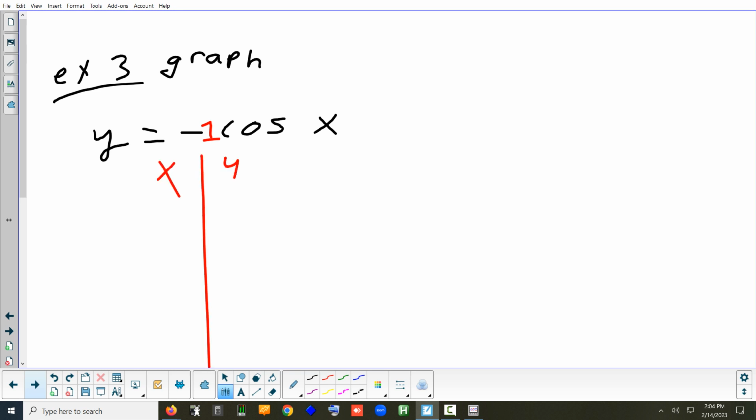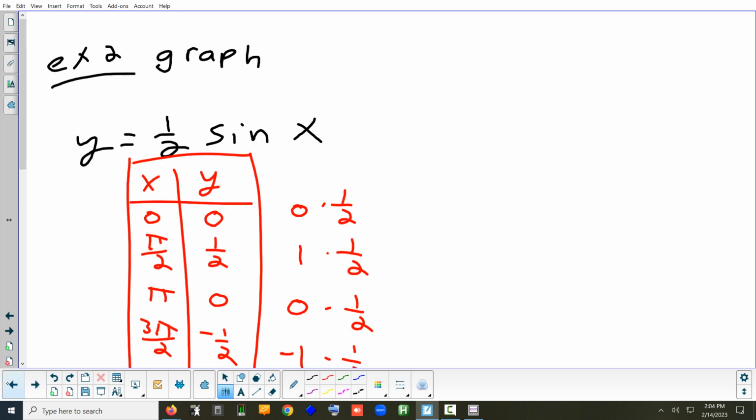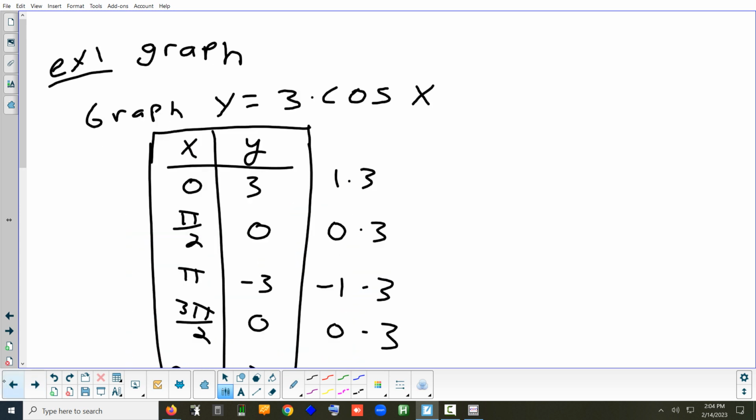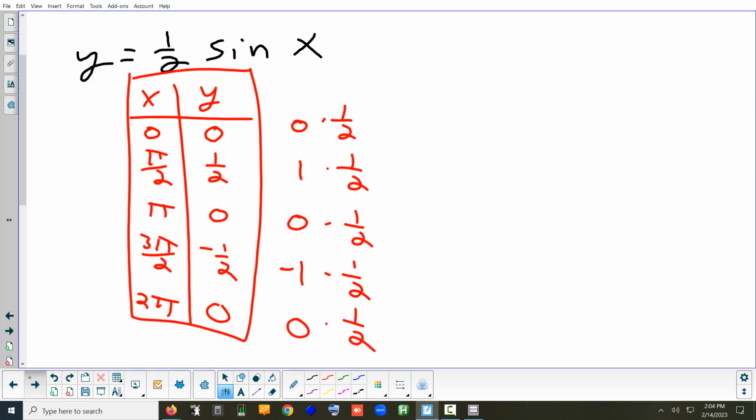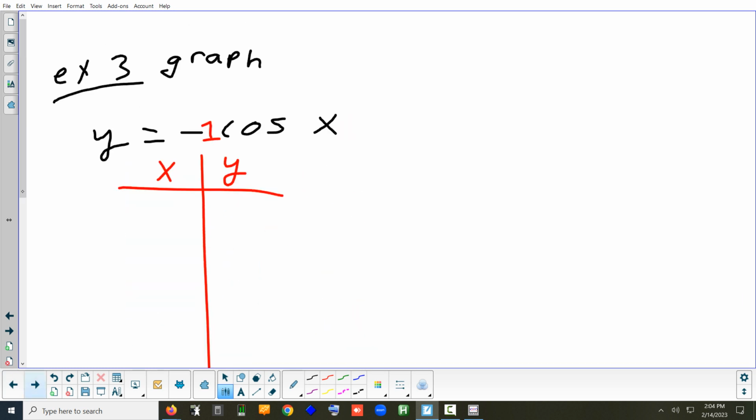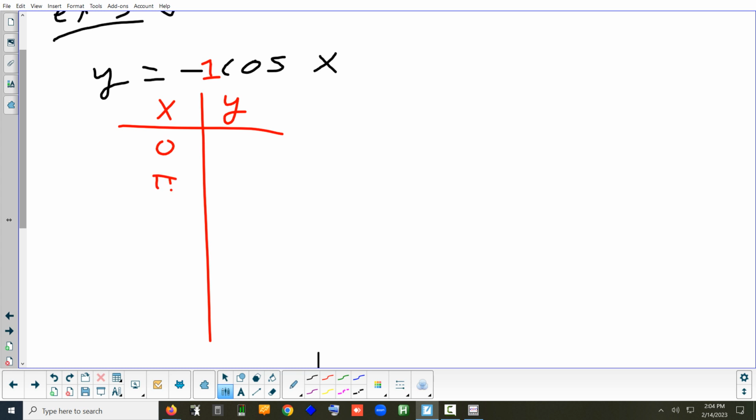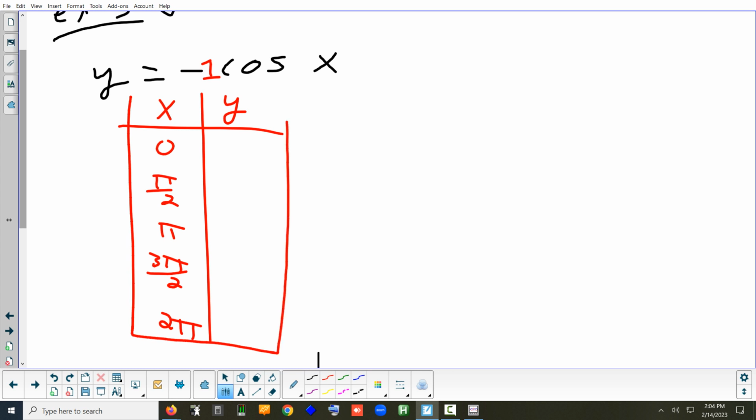So, make our table. Okay, we already did cosine earlier, so hopefully we remember what the x's were. 0 to 2 pi. So let's put those. So 0, pi over 2, pi, 3 pi over 2, 2 pi. And let's put the original y values off to the side.